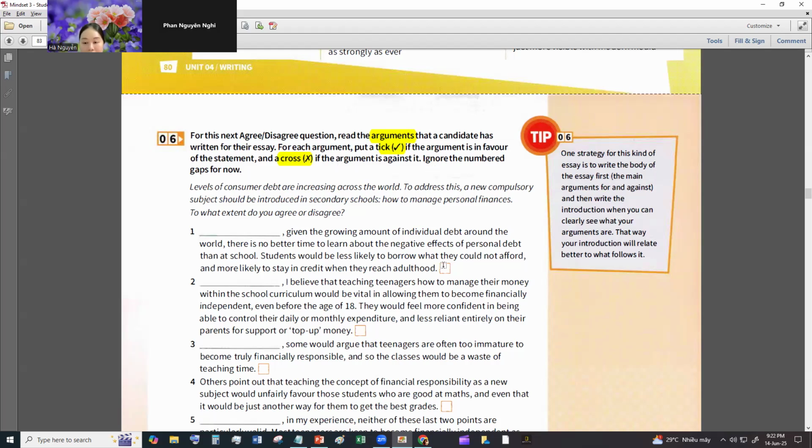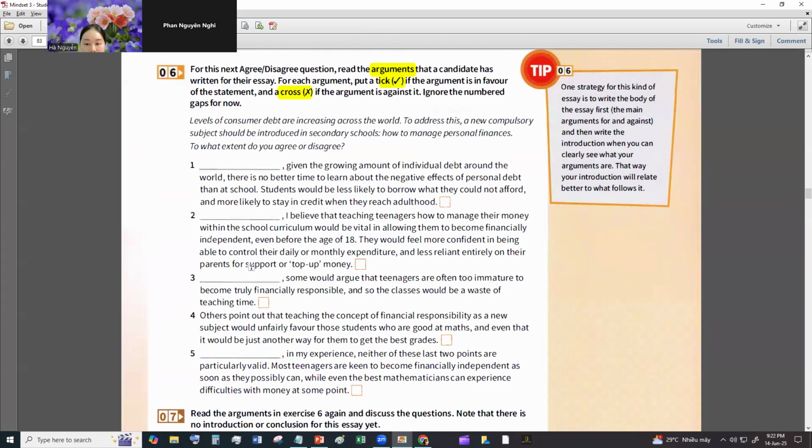Ok. Và nếu có chỗ number gaps, nghĩa là cái chỗ trống này thì ignore. Alright, cái chỗ trống mình có bỏ qua. Okay, so Nghi, idea 1, idea 2, idea 3, idea 4, and 5. 5 ideas. Please have a look and tell me which ones are agree and which ones are disagree.